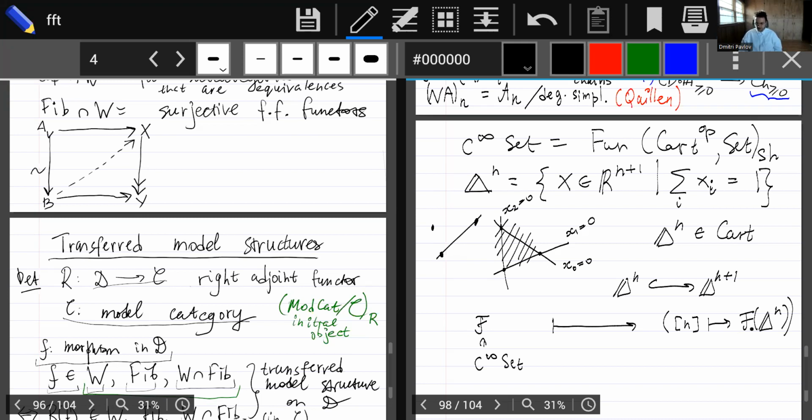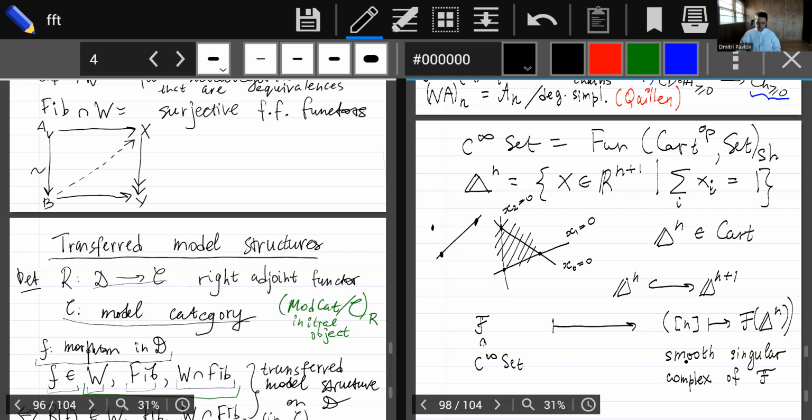And this is what is called the smooth singular complex. It has different properties from the usual topological singular complex. For example, the topological singular complex is always a Kan complex, whereas here you don't really ever get a Kan complex.